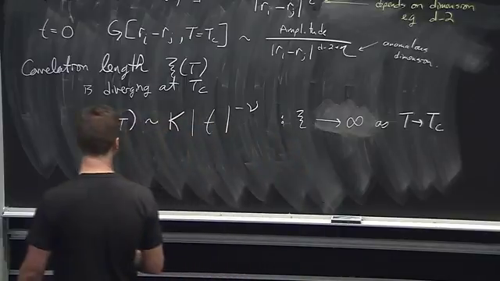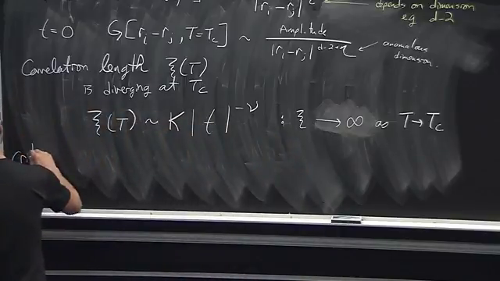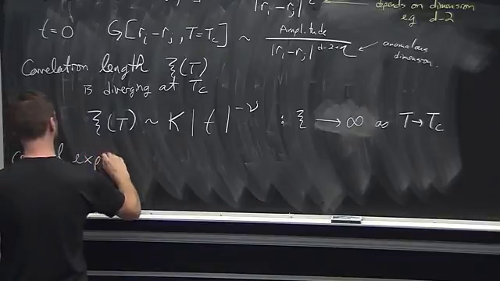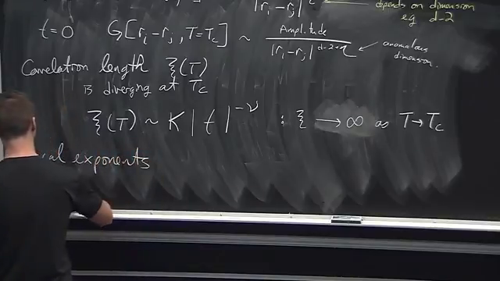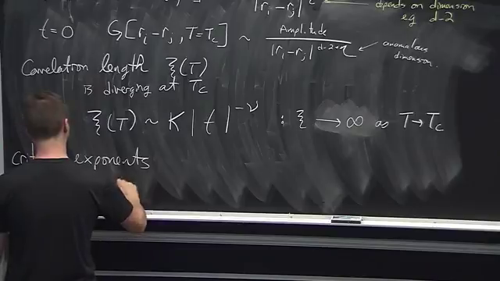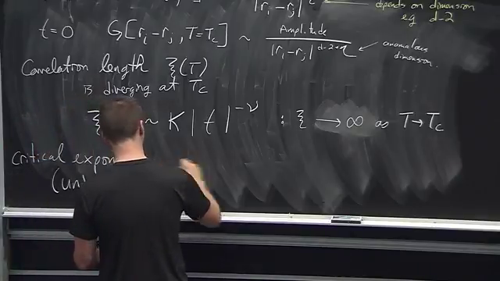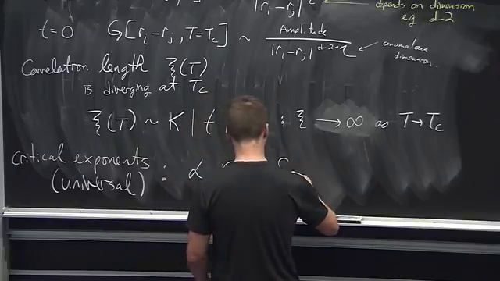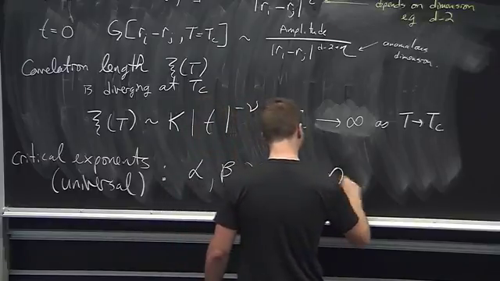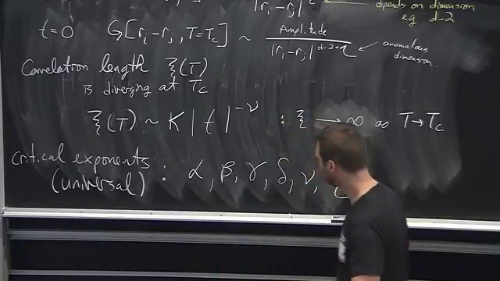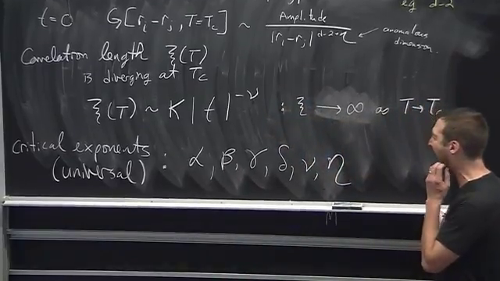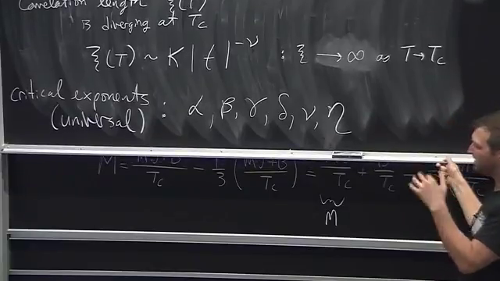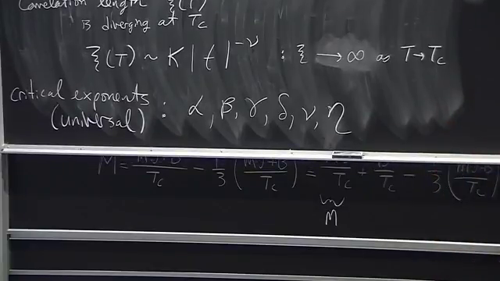Okay, so the critical exponents that are universal that we'll consider: alpha, beta, gamma, delta, nu, and the anomalous dimension, eta. These are the fundamental mysterious objects that we want to understand in relationship to universality.